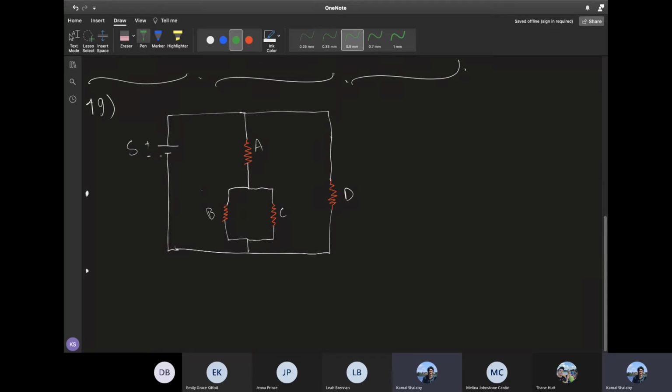This is a battery, and it's a closed circuit, so there will be current, right? Yes or no? Yes. Okay, so from this battery, will the current go up or go down, or does it matter?